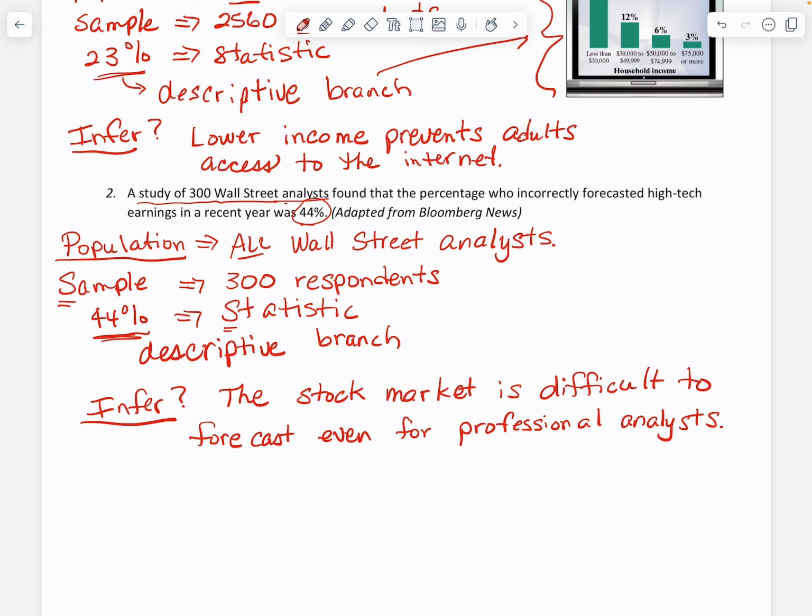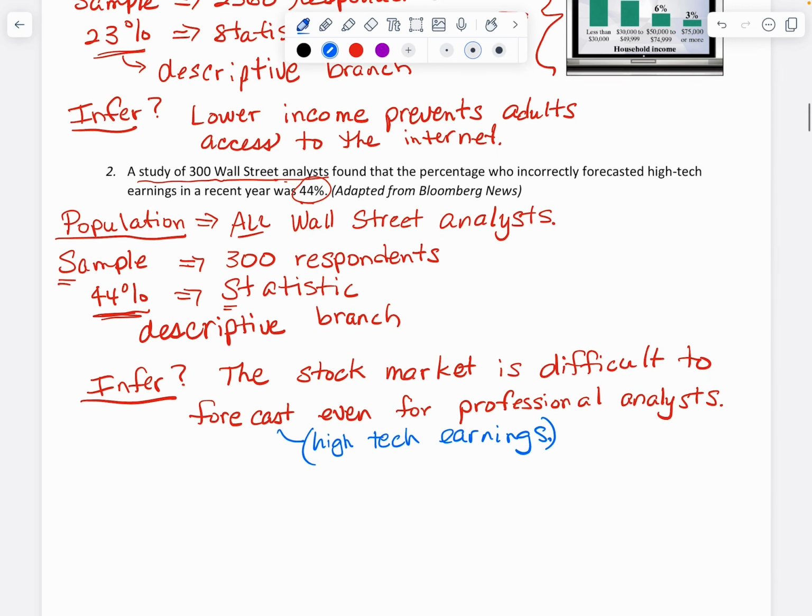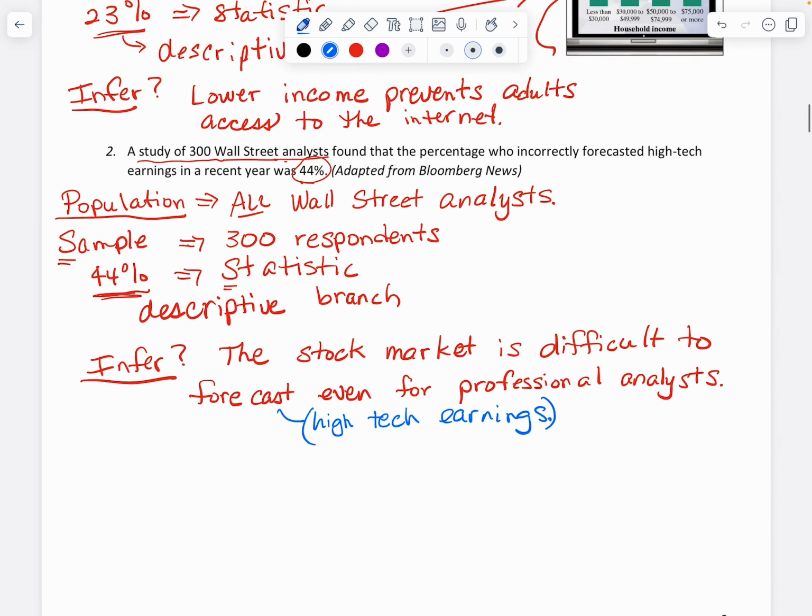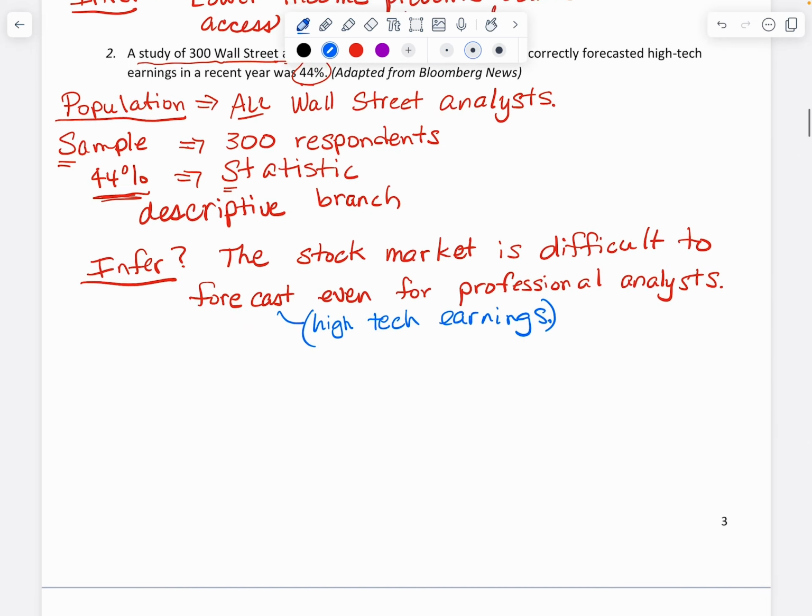If you want to get more specific, we might say the stock market is difficult to forecast high-tech earnings. Maybe it's not as difficult to forecast some other things, but certainly difficult in this example to do high-tech earnings. So that's up to you to infer something based upon that information.